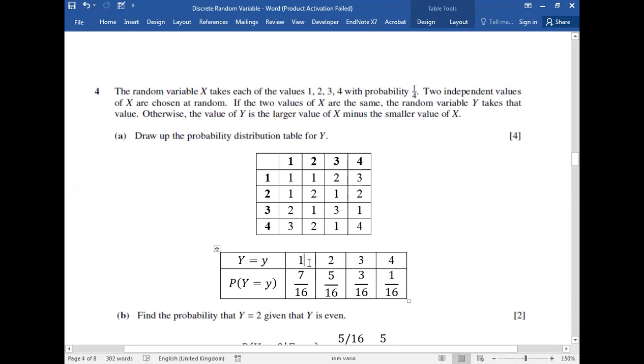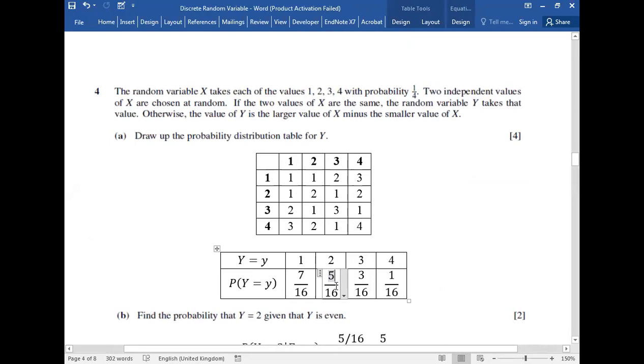So the value that my discrete random variable takes is 1, 2, 3, and 4. And the probability of 1 is 7 over 16, right? 6 or 7? 1, 2, 3, 4, 5, 6, 7. Count karo. 7 over 16.